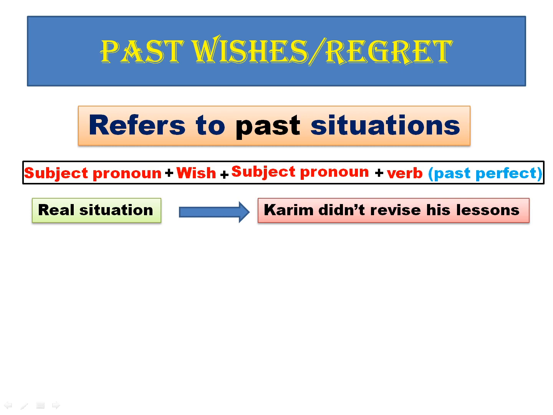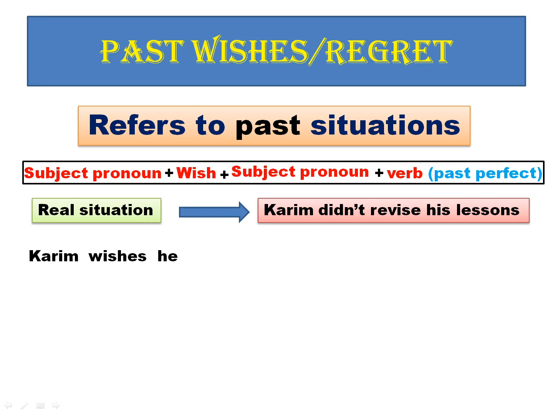Okay. Now let me give you a real situation here. Karim didn't revise his lessons. So again, this is a sentence that happened in the past. Of course, this is a cause, and we are going to see the effect or the result of this cause. Now, we want to use wish here. We say Karim wishes, with an es, because we have Karim. So Karim wishes he, subject pronoun.